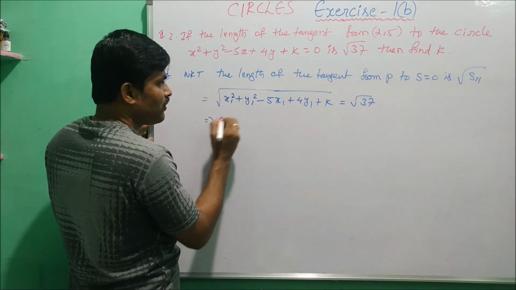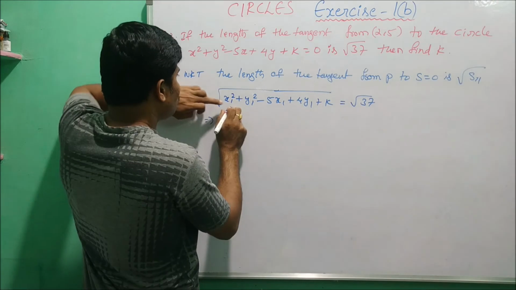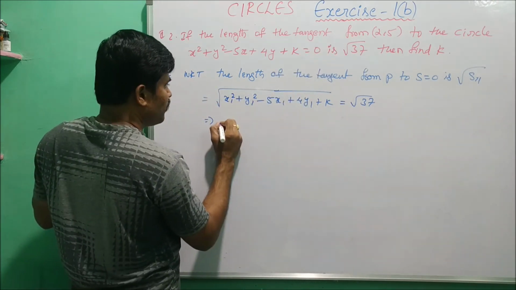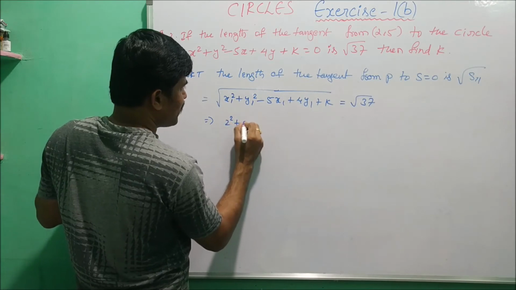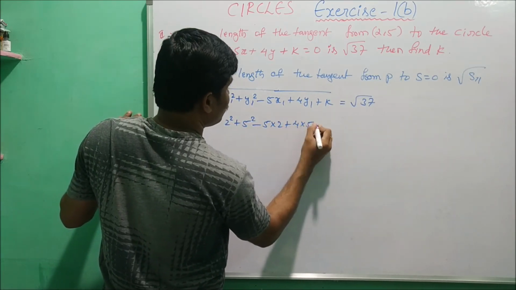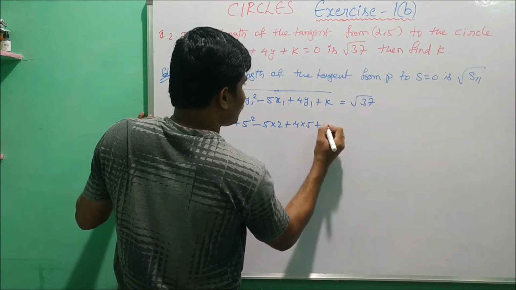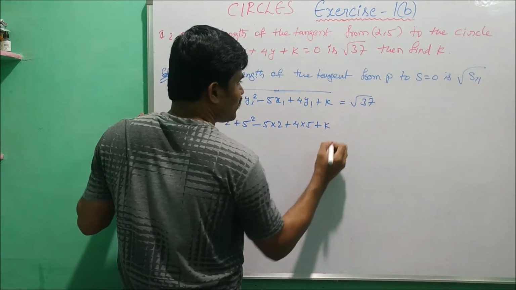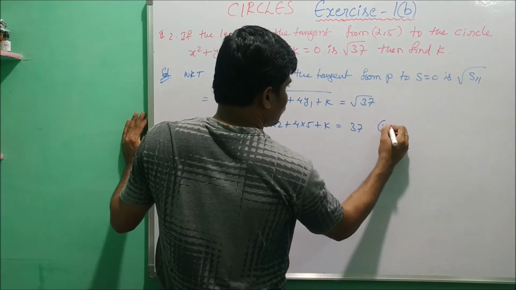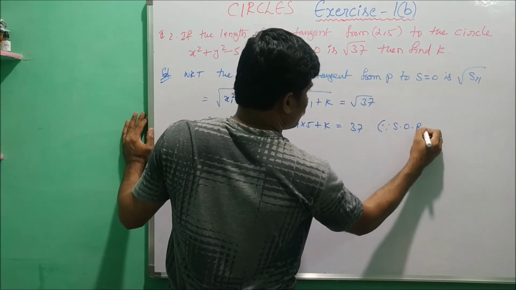Now squaring on both sides and also substituting the point x1 y1, that is 2, 5: 2 square plus 5 square minus 5 into 2 plus 4 into 5 plus k, whose value is not known, equals 37, since we are squaring on both sides.